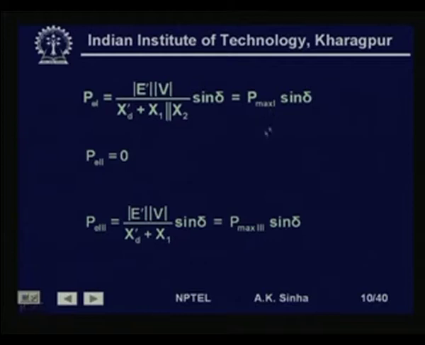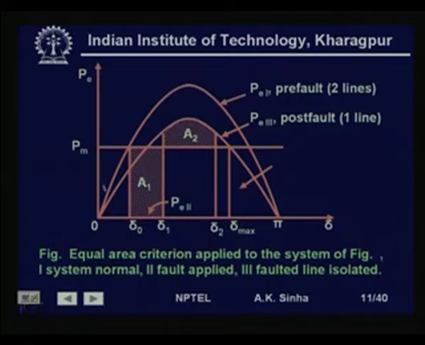So, we can again draw the power angle characteristics under all the three situations. The first one is the pre-fault condition, the initial operating condition, which is given by this P delta characteristic. The second condition, when the fault is on, is electrical power output 0, so it is this horizontal line. The third one is when one of the lines is out.